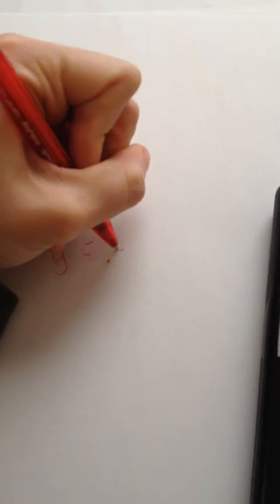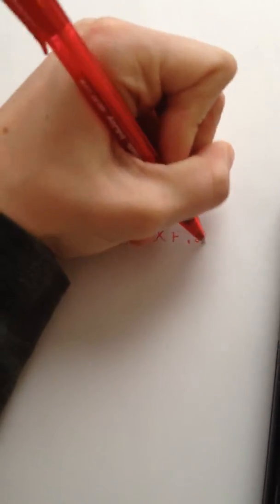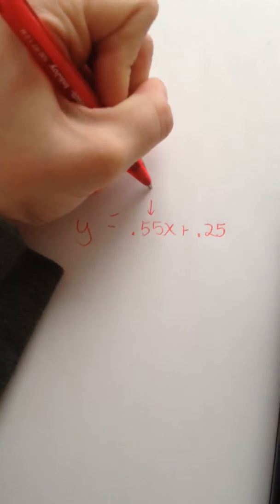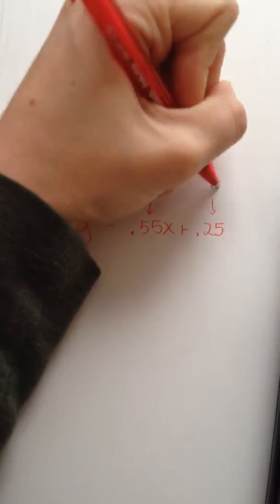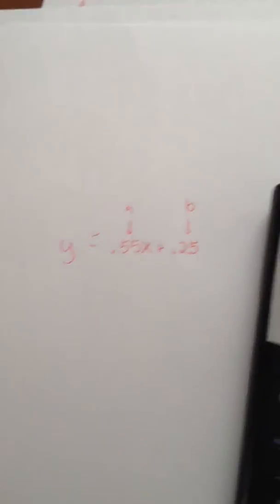Y equals ax plus b, so 0.55x plus 0.25. So this is where a goes, and this is where b goes. Now let's look at the question that was asked. You want to use decimals for any numbers in the expression and to round to the nearest tenth.